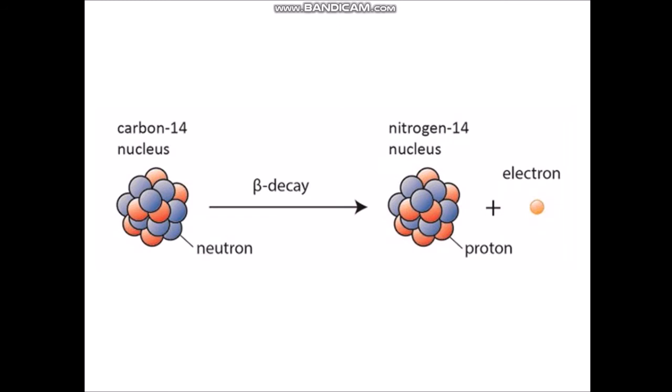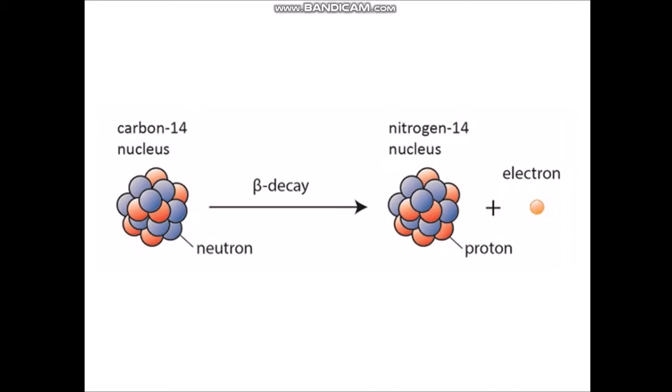Now let's take this example. Here we have a carbon nucleus with a mass number of 14. This carbon-14 nucleus undergoes a beta decay, and in this beta decay, one neutron is converted to a proton. The atomic number of carbon is 6.